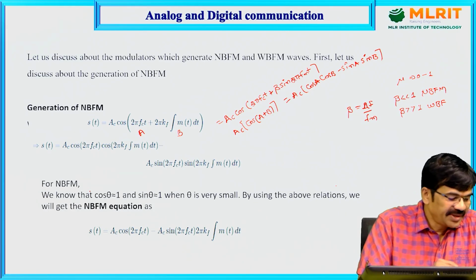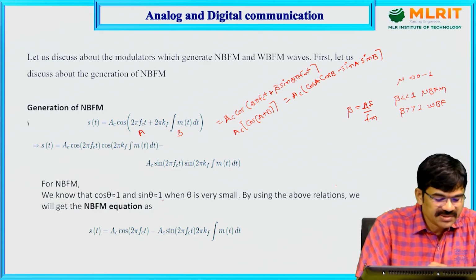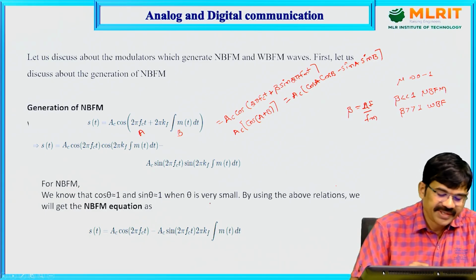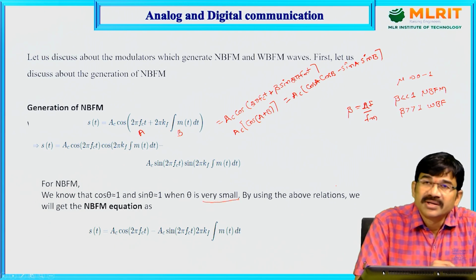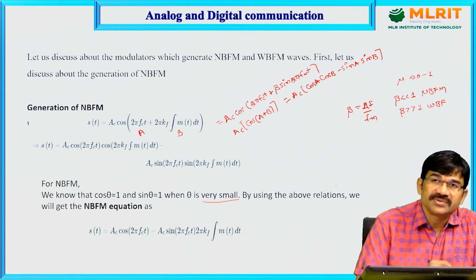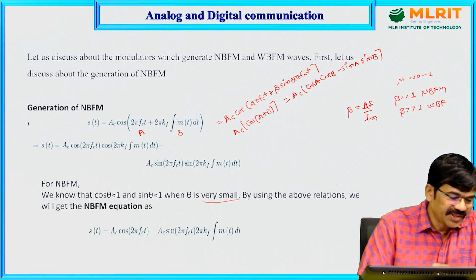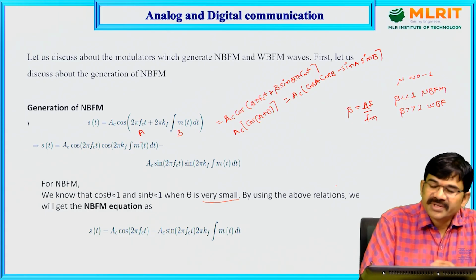For narrowband FM, we know that cos theta is approximately equal to 1 and sin theta is approximately equal to theta, where theta is very small. Cos 0 is equal to 1. We make this approximation because of the beta value; beta is nothing but del f by fm.